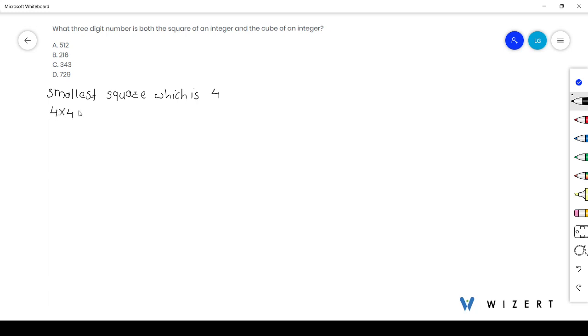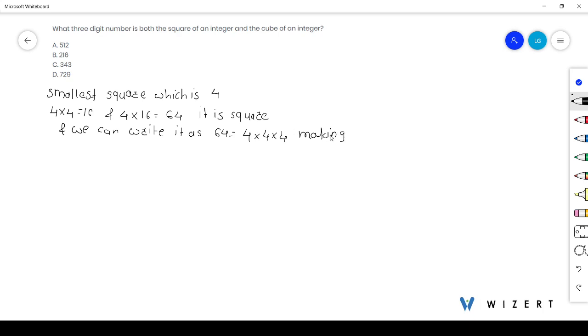So 4 into 4 is 16, and 4 into 16 is 64. This 64 is square, and we can write 64 equals 4 into 4 into 4, making it cube.